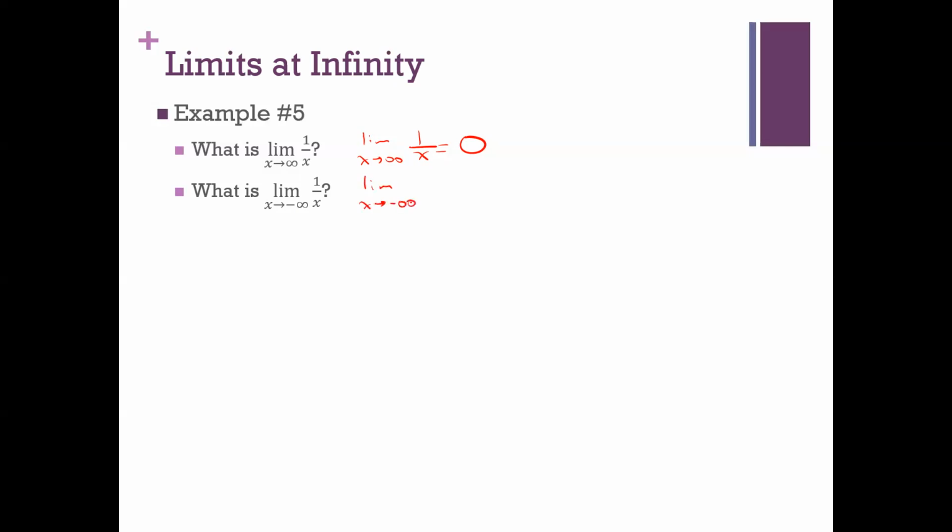How about from the other direction? If I let x get really, really small, what's that limit going to be? Also 0. So are you ever going to reach 0? Is this an equation that has a solution?